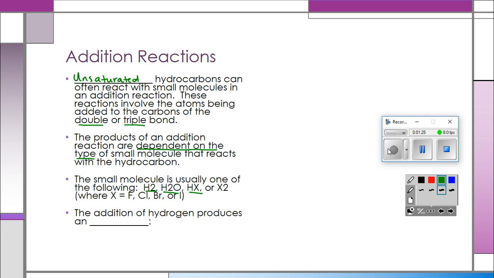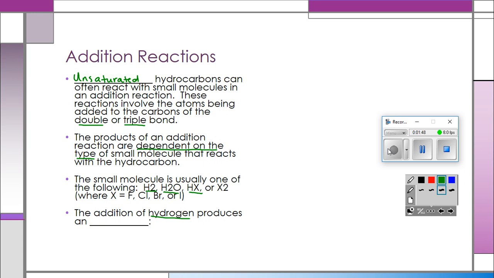Sometimes it'll be hydrogen and a halogen, so something that could be an acid or maybe is an acid. Or X2, so like F2, Cl2, Br2. Anytime there's an X, we would replace that with one of the halogens. So I'm just going to show you a few of these examples so that you can see what it would look like if we were doing an addition reaction here.